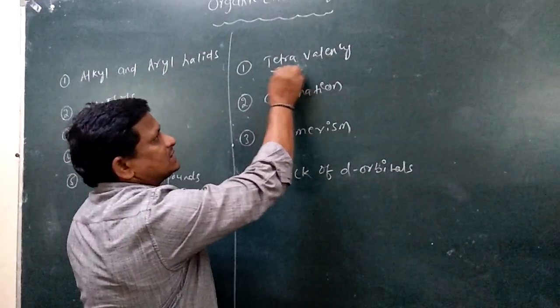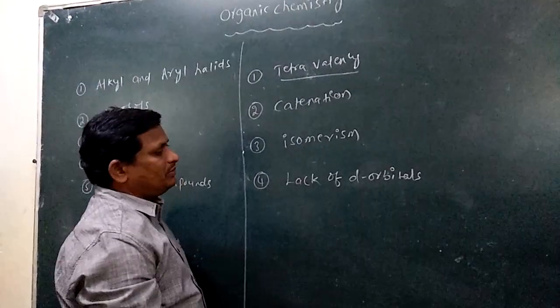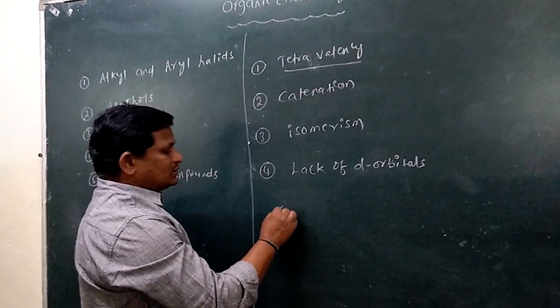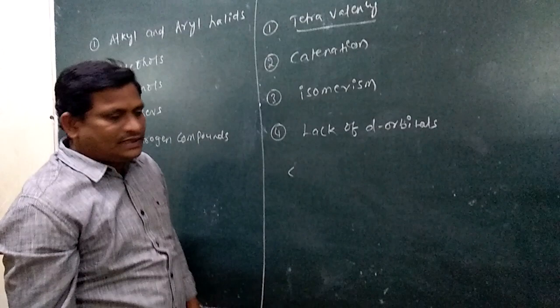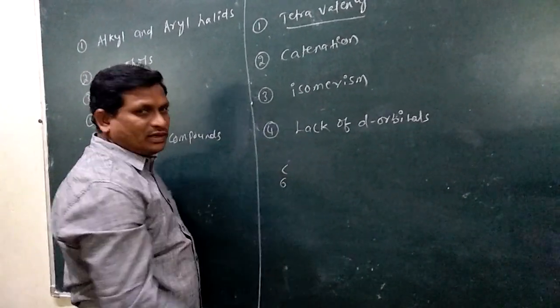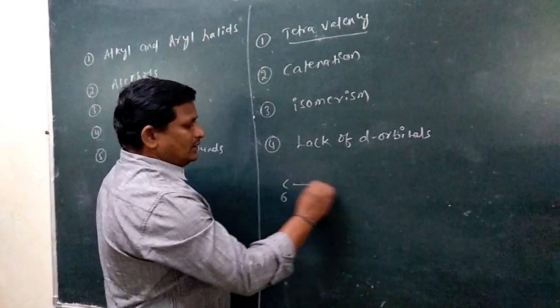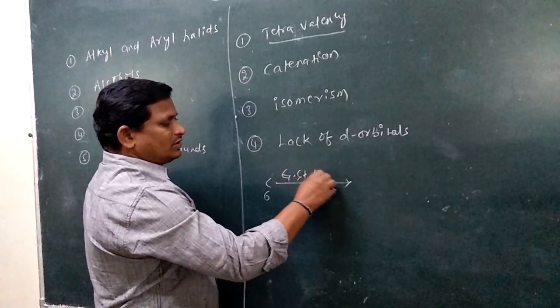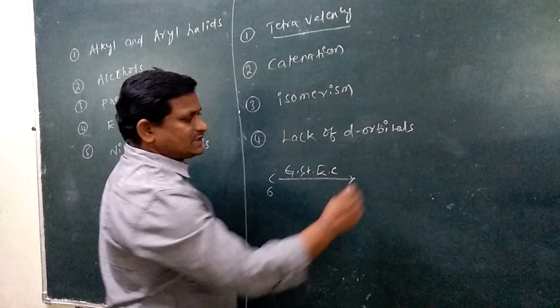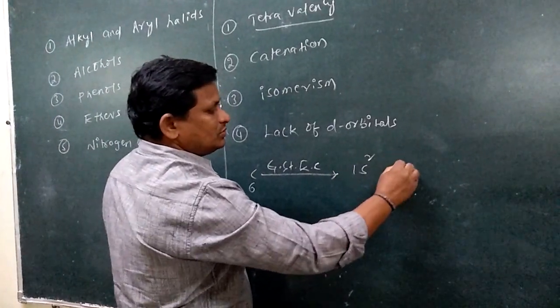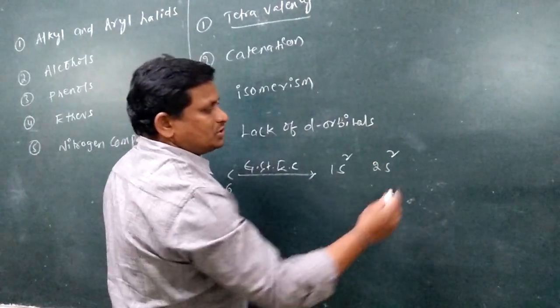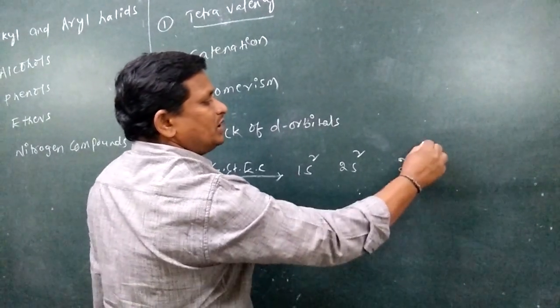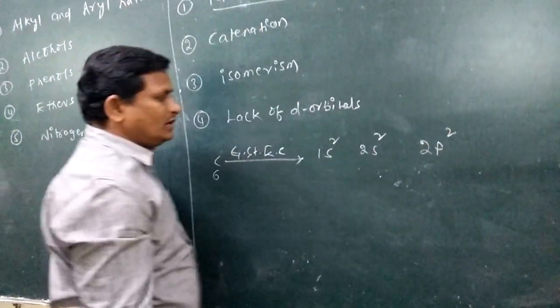So first one is tetravalency of carbon. Carbon symbol is C, its atomic number is 6. Its ground state electronic configuration is 1s2, 2s2, 2p2.